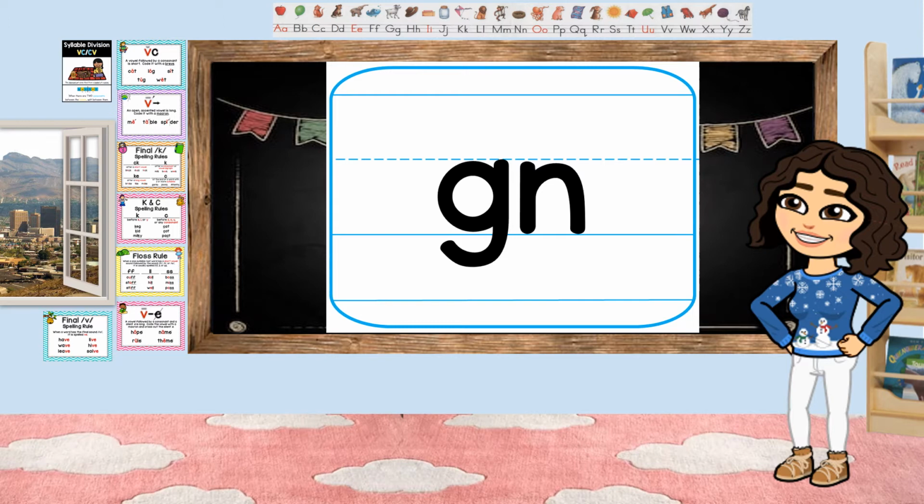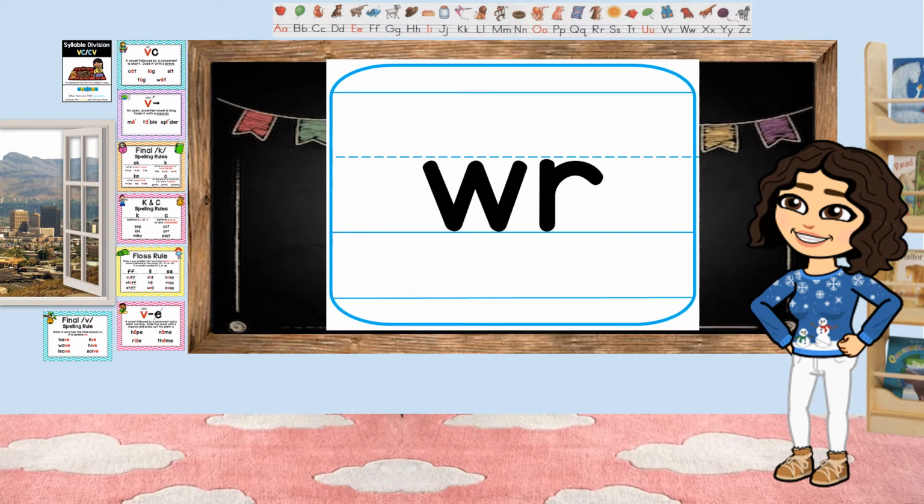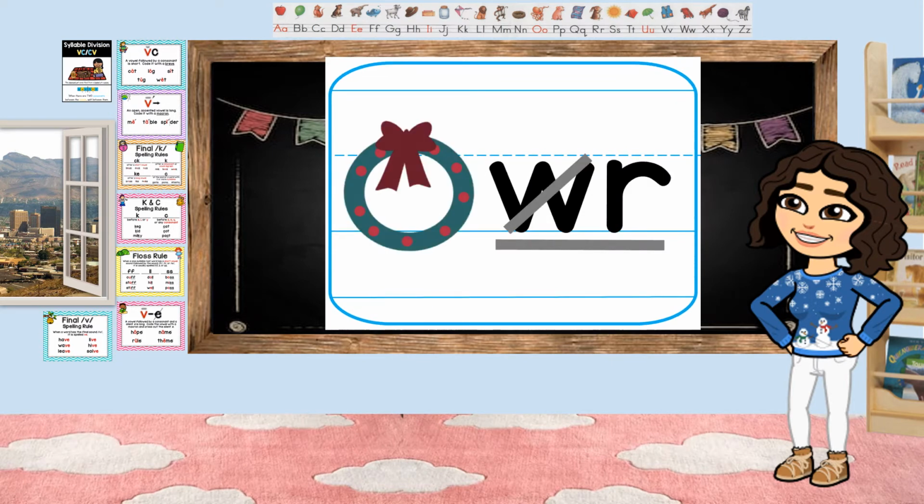And to remember what sound ghost letter digraph GN makes, we have gnat, N. And we also have ghost letter digraph WR. And to remember what sound ghost letter digraph WR makes, we have wreath, R.